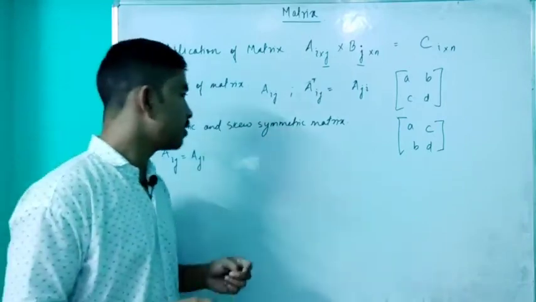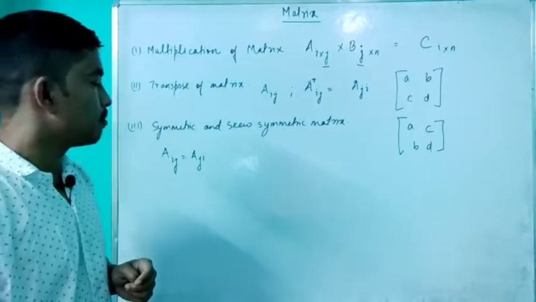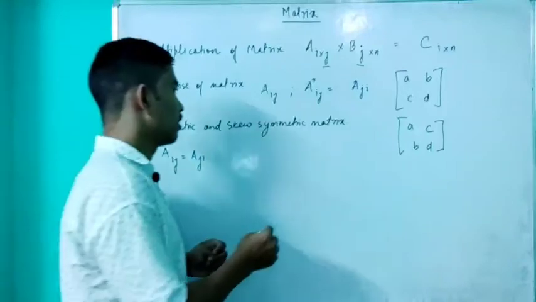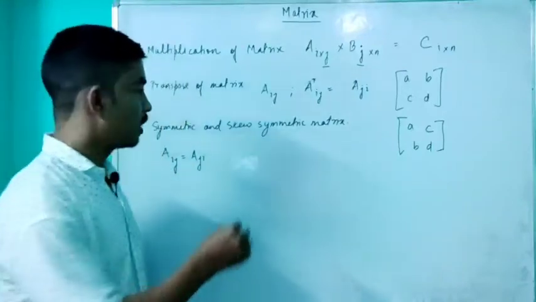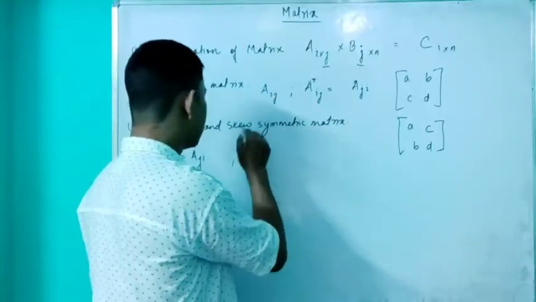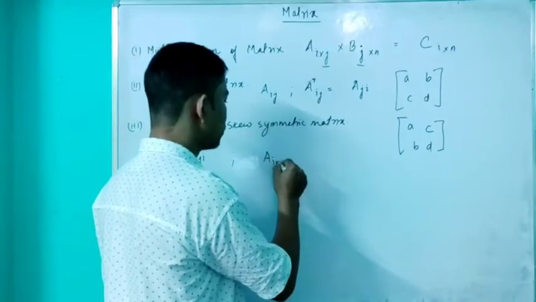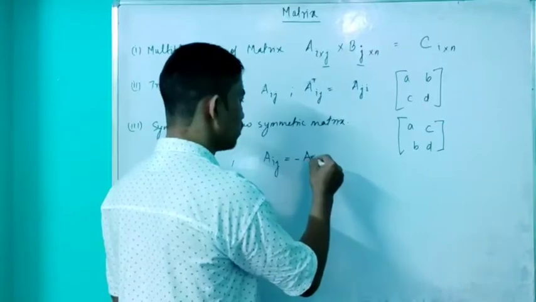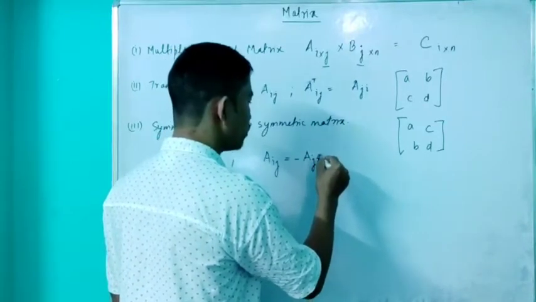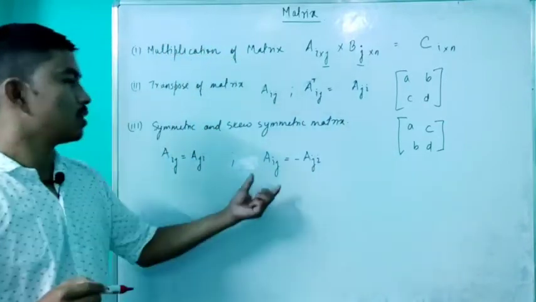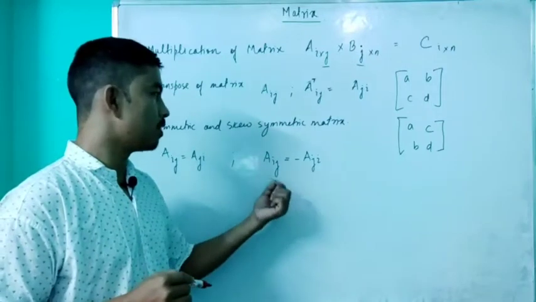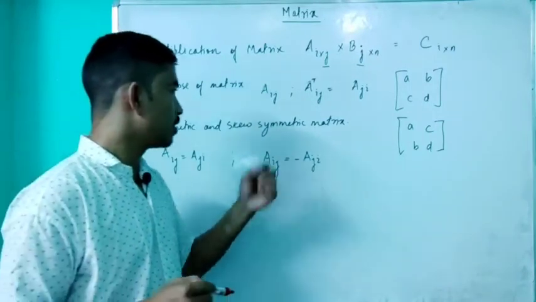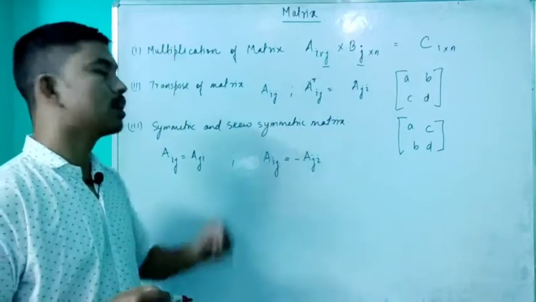And a matrix is said to be a skew symmetric matrix if it is antisymmetric about its leading diagonal. We can also say that in this case A transpose ij will be equal to negative of A ji. Okay, so the transpose of the given matrix is the negative of the given matrix itself. In such cases it is said to be a skew symmetric matrix.